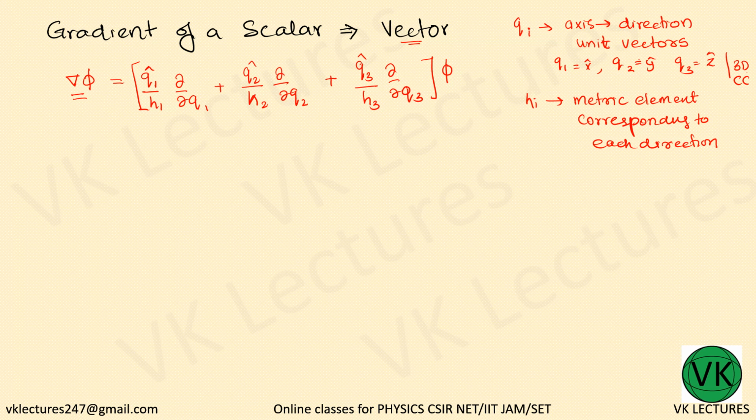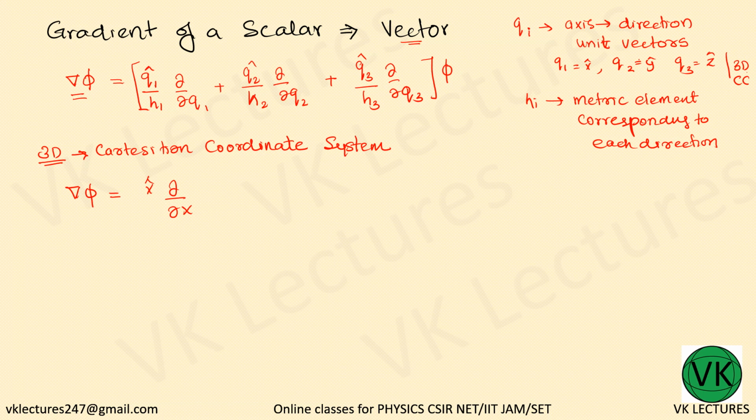Now for the three-dimensional Cartesian coordinate system, the del phi can be written as: the q1 cap is x cap, dou by dou x, and h1, what is the value of h1? h1 is equal to 1, h2 equal to 1, h3 equal to 1.